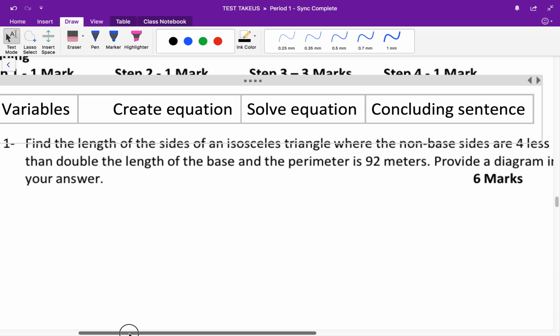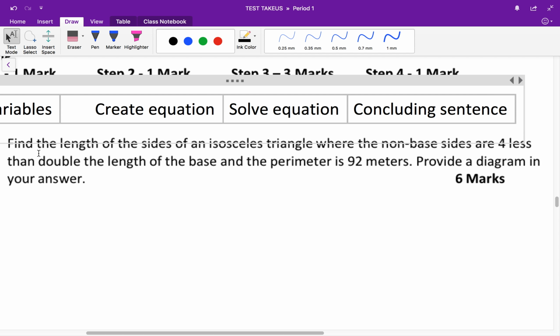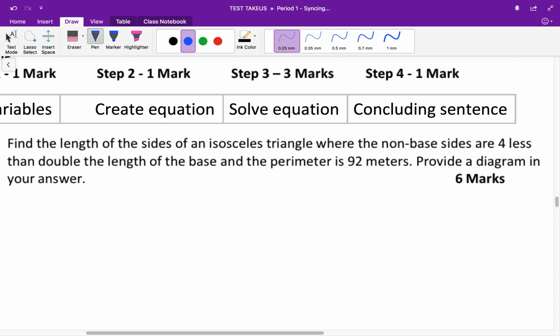So let's take a look here. We need to find the length of the sides of an isosceles triangle. If we know it's isosceles, we know that despite my drawing, these two sides are going to be equal. The non-base sides, so these two sides, are 4 less than double the length. So let's make those S for sides, right?